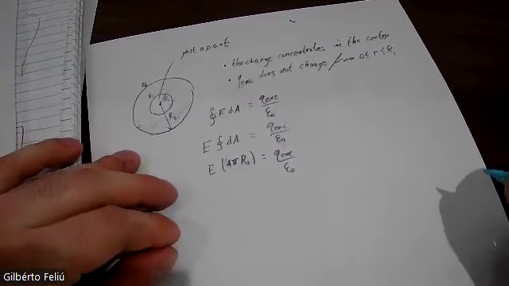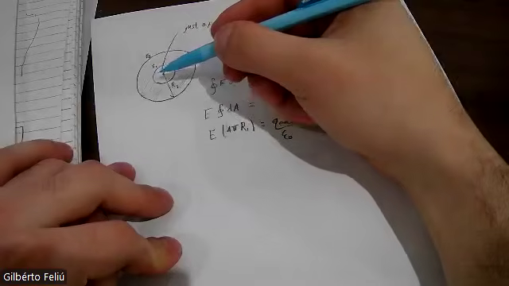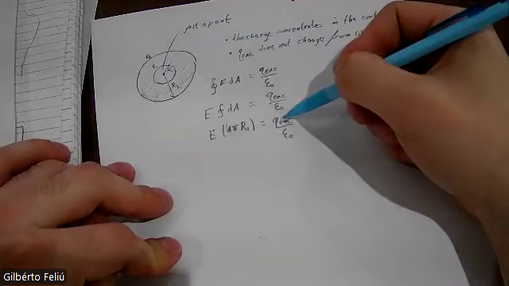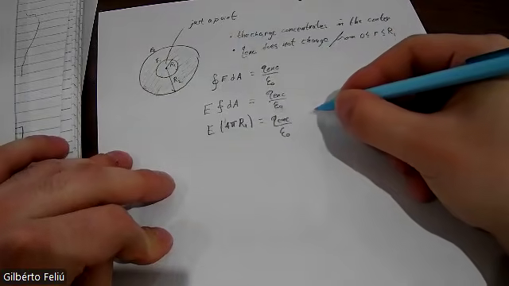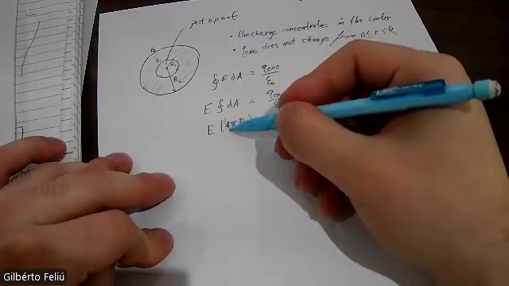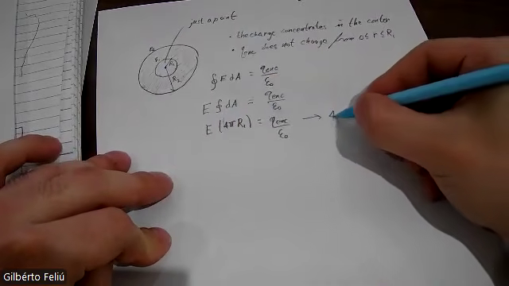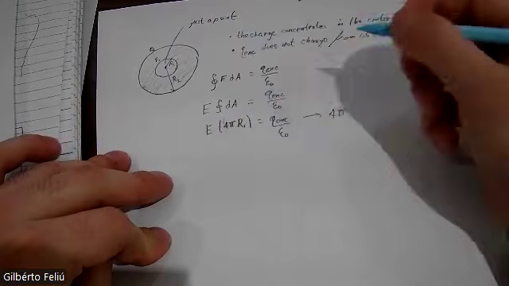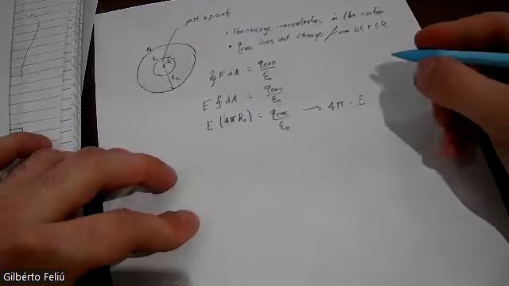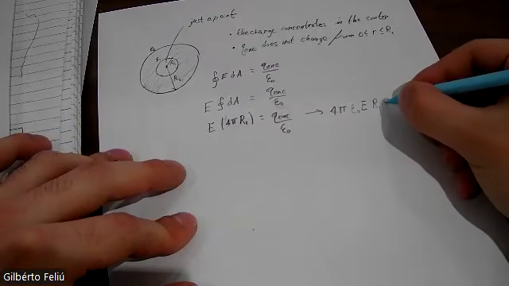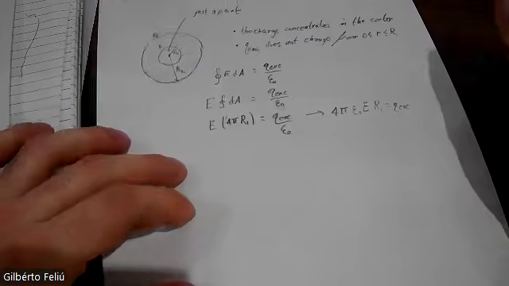We just want to find the charge at that central point. We know it's concentrating there, so we just solve for this. To be clean, we move this to the front first and foremost. So we get 4 pi times epsilon times E times R1 squared. That should give you Q enclosed.